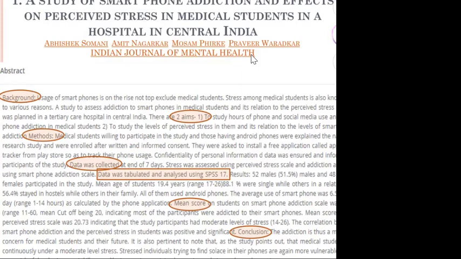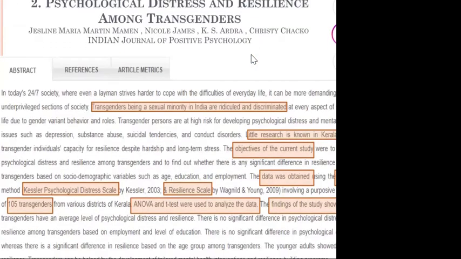Then there was an analysis of the data. Data was tabulated and statistical analysis was done. The statistical method they used was the mean score. And then finally they came to a conclusion.